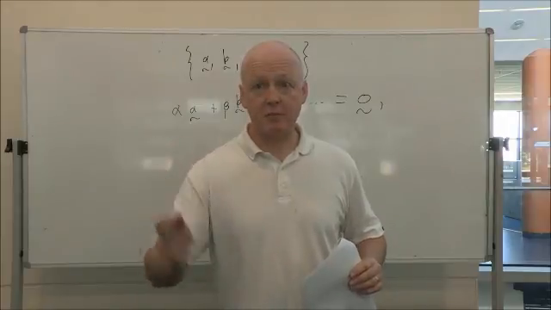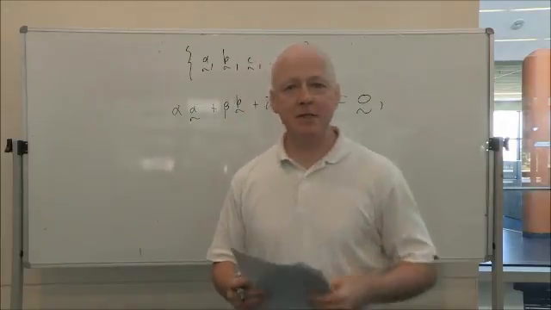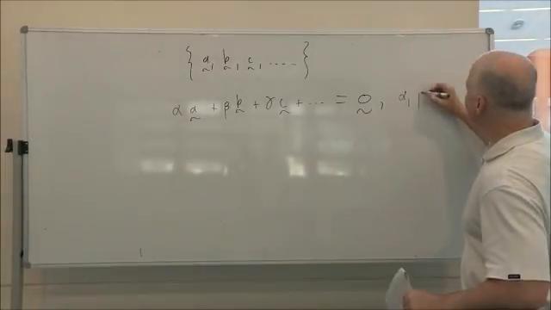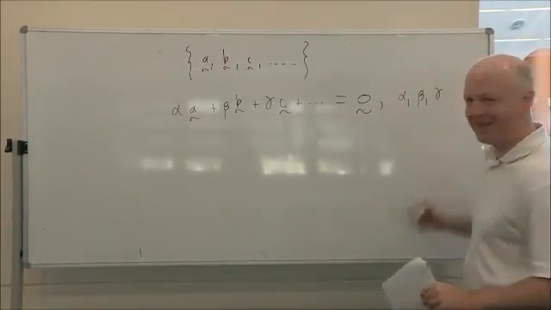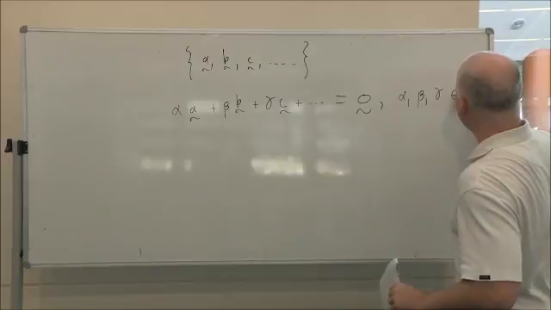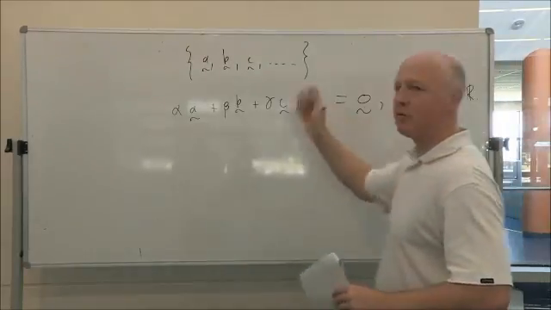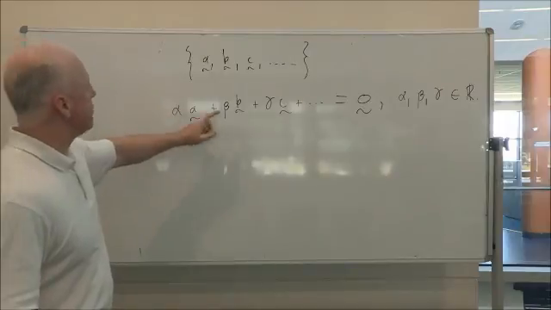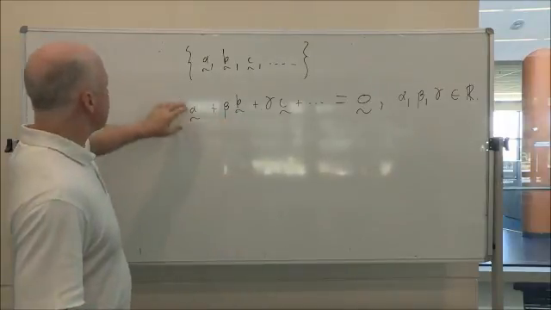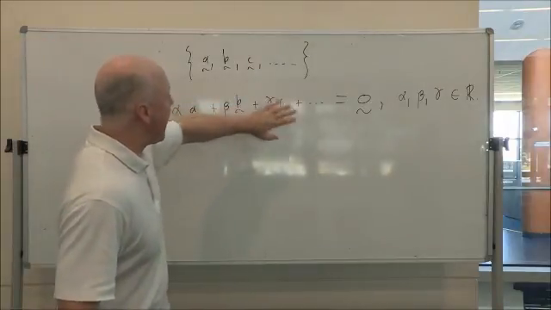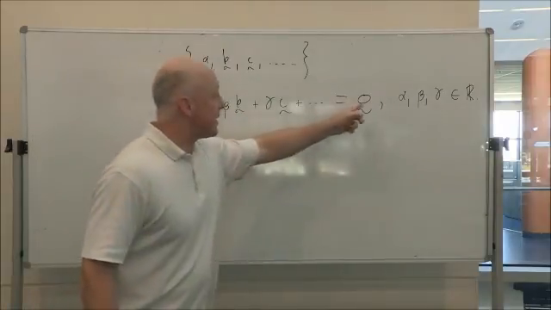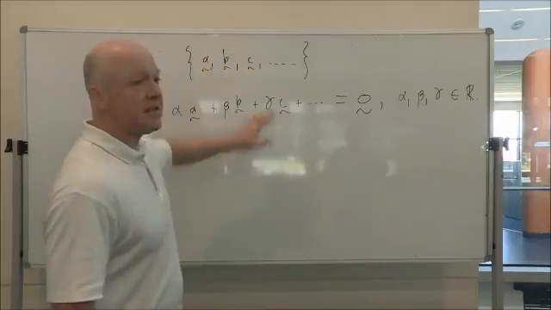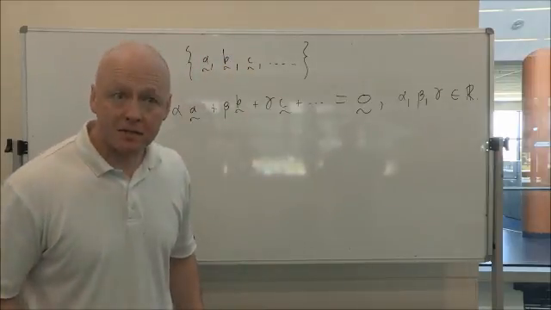Let's say we've got a couple of vectors. We've got the vector A, and we've got the vector B, and alpha, beta and gamma are scalars, real numbers. If you can find numbers alpha, beta and gamma such that when you multiply the vectors by them and add them all up you get the zero vector, then we say that the set of vectors is linearly dependent.